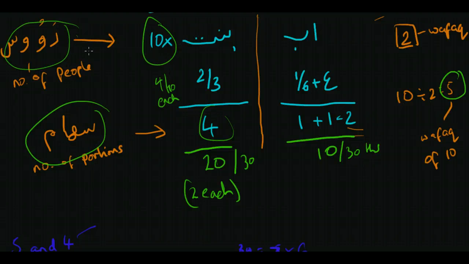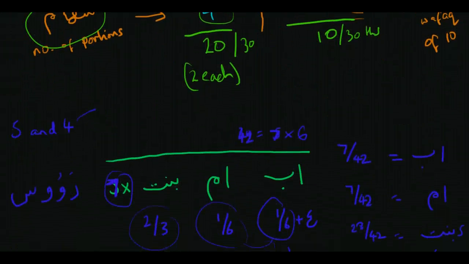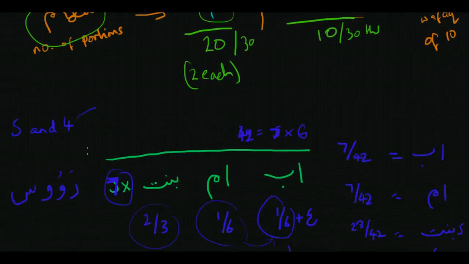Where the relationship is a tawafuq relationship, then we work out the wafaq of the two numbers, and then we work out the wafaq of just the ru'us, and then we multiply that number by the top number here and also at the bottom. And where the relationship is a tabayun relationship or a tadakhul relationship, all we do is we multiply the number of ru'us at the top and at the bottom.